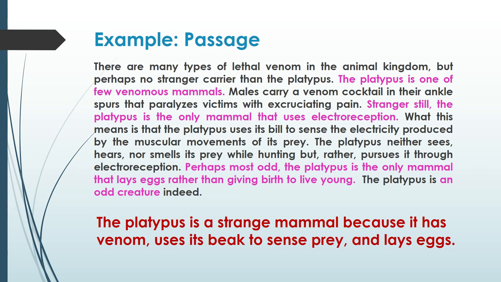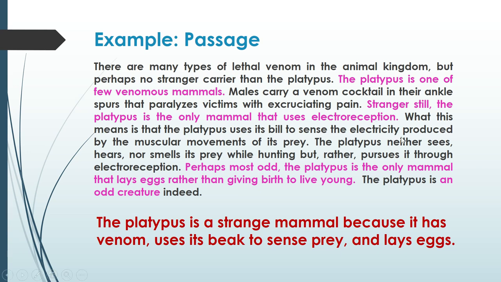Once again, what is that? What this means is that the platypus uses its bill to sense the electricity produced by the muscular movements of its prey. Look, this is just the explanation of this line, that it is the only mammal that uses electroreception. We are not interested in that for summary.